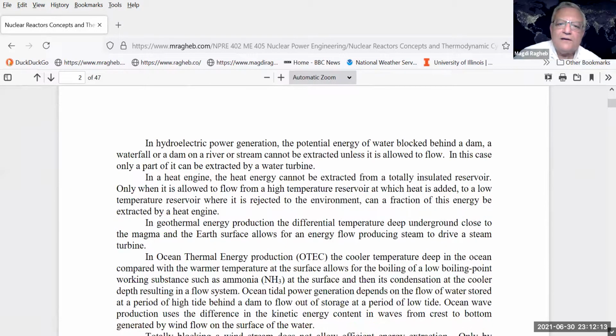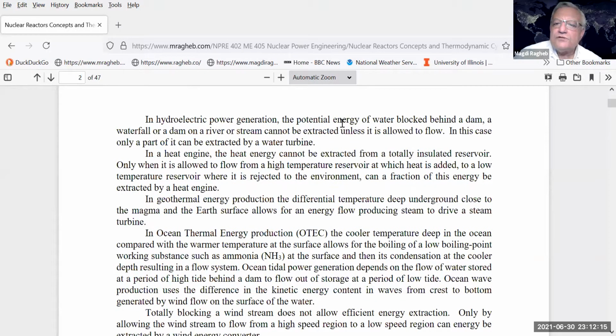So in hydroelectric power generation, the potential energy of water blocked behind the dam or a waterfall or a river stream, you cannot extract the energy unless you allow it to flow. If you don't allow the water to flow, it's obvious you cannot produce or extract energy.